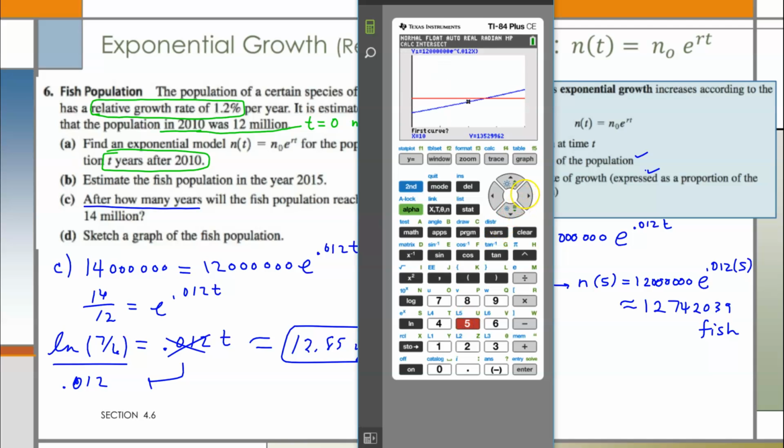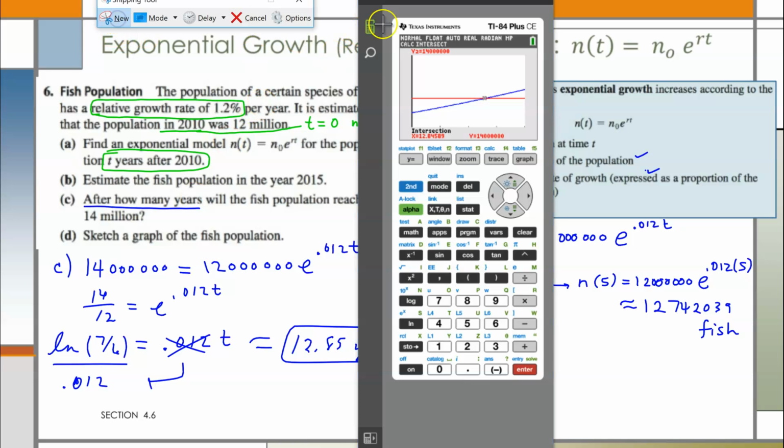We move our cursor to the point of intersection and then hit enter 3 times. First curve, enter, second curve, yep, we're still there. Do I have a better guess? No, enter. As long as this word comes up, intersection, then I know the calculator reached an answer: 12.845, which is the same thing we got by hand. So we're sure that we have a good answer.